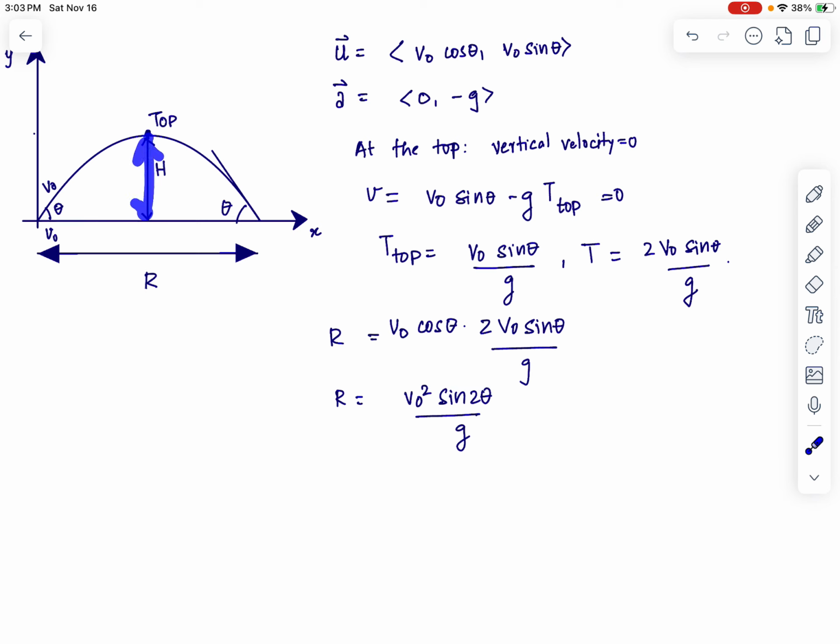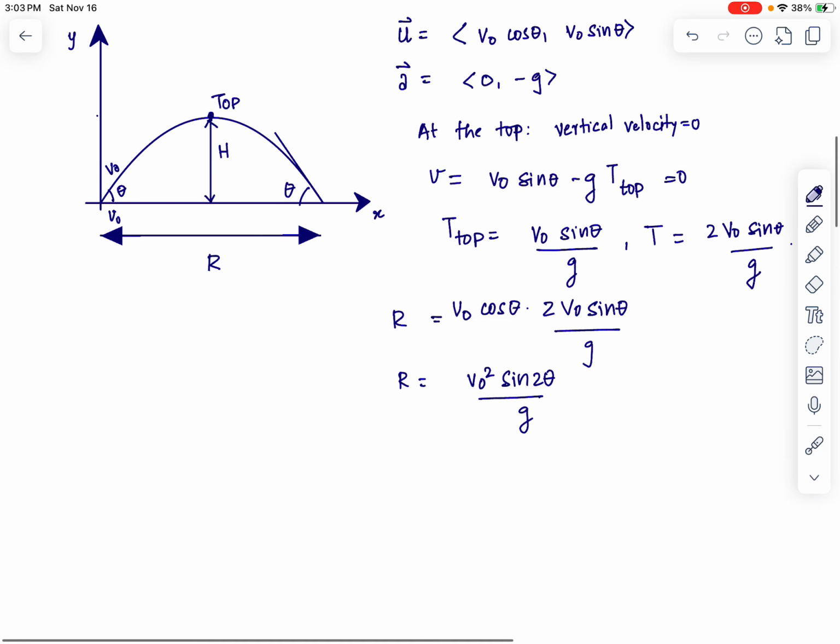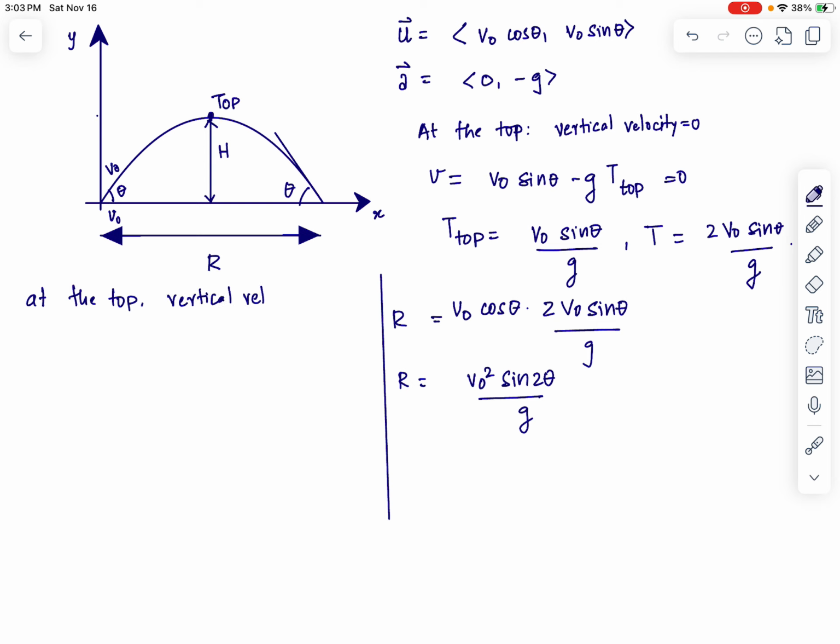As mentioned earlier, at the top the vertical velocity is 0, and we'll use this equation: v square equals v0 sine theta square minus 2g h equals 0.